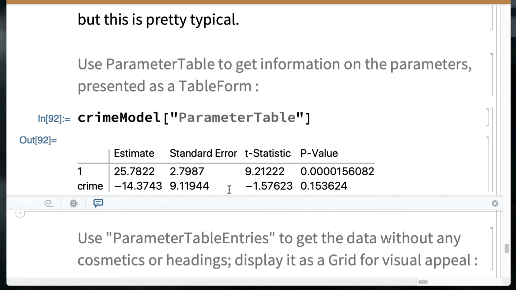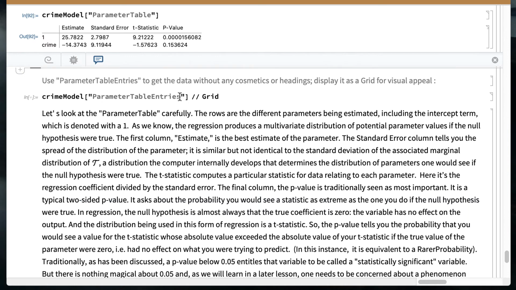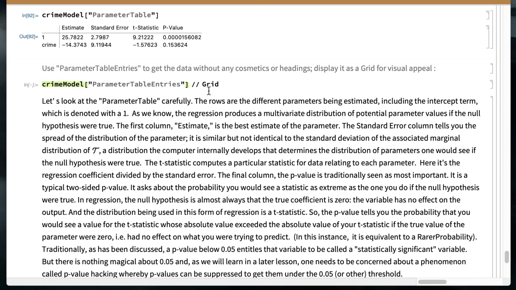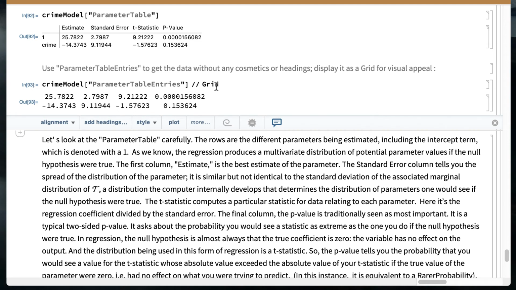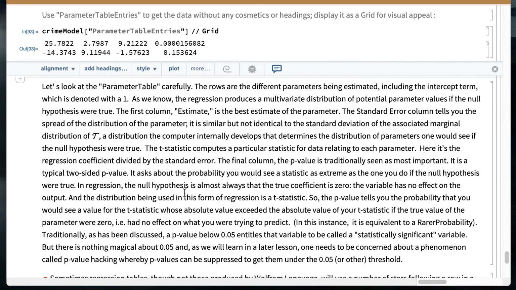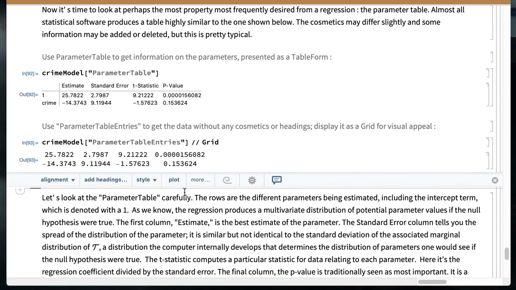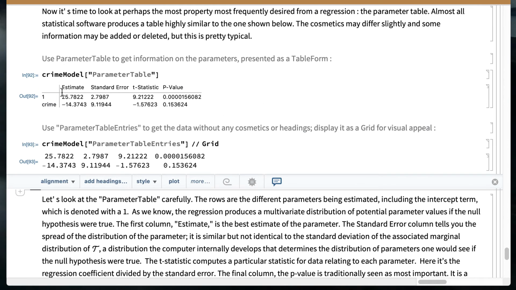Instead of getting the data presented this way, and let's go back now to the regular level of magnification, we could just get it as the entries and wrap it up in a grid. All right, so it's a very similar thing. I just went through with you what those entries mean.